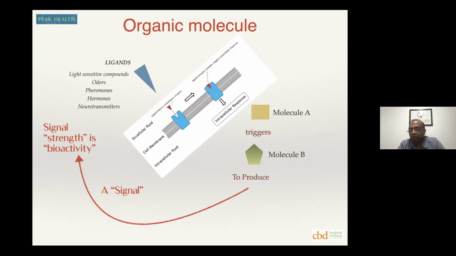There's a molecule A that's the tail of this receptor. Depending upon what the ligand stimulates in that receptor, it triggers off a molecule B, and molecule B produces some signal that starts a chain reaction.